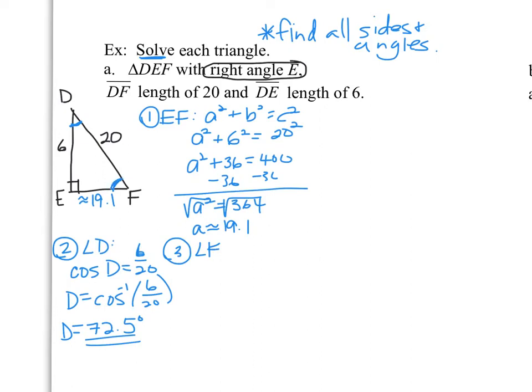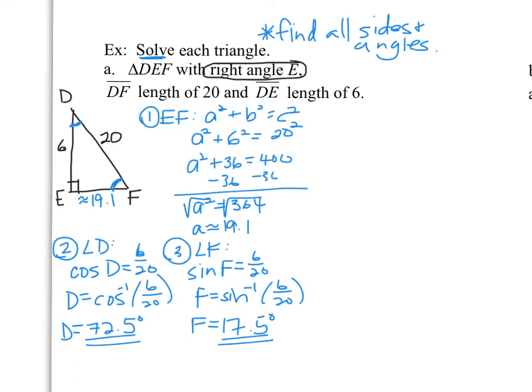Now 6 is opposite and 20 is hypotenuse, and that would be the sine ratio. Sine of F is the same fraction as the other one, but now we're going to do sine inverse instead of cosine inverse. And if we take sine inverse of 6/20, angle F would be approximately 17.5 degrees.